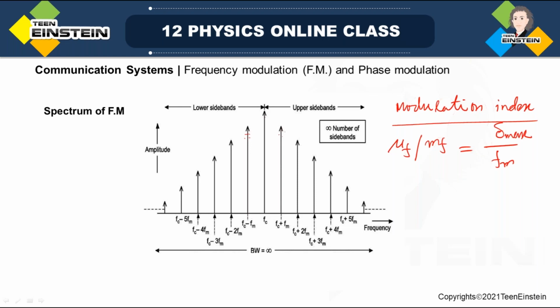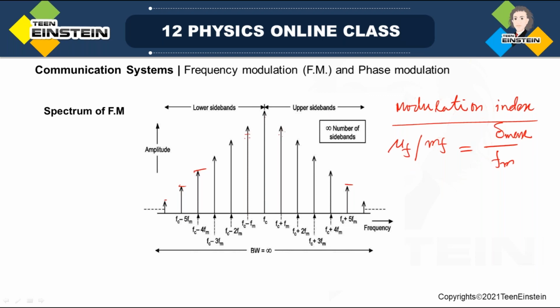Now it is stated the number of side bands with significant amplitude. Like in this case, up to here we can say they have significant amplitude. Obviously this we can just neglect. We can go up to here; all of them have significant amplitude. So how many side bands will be there with significant amplitude? That depends on the frequency deviation index.